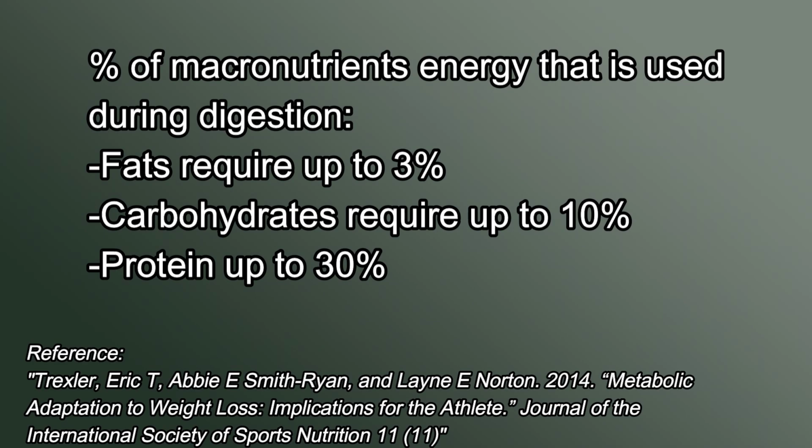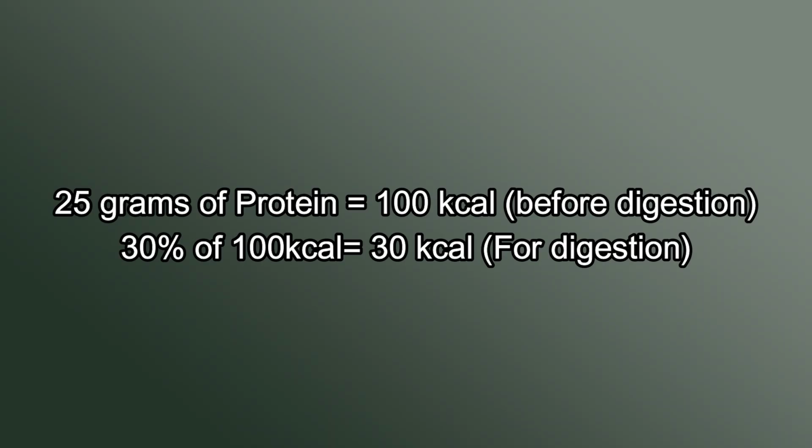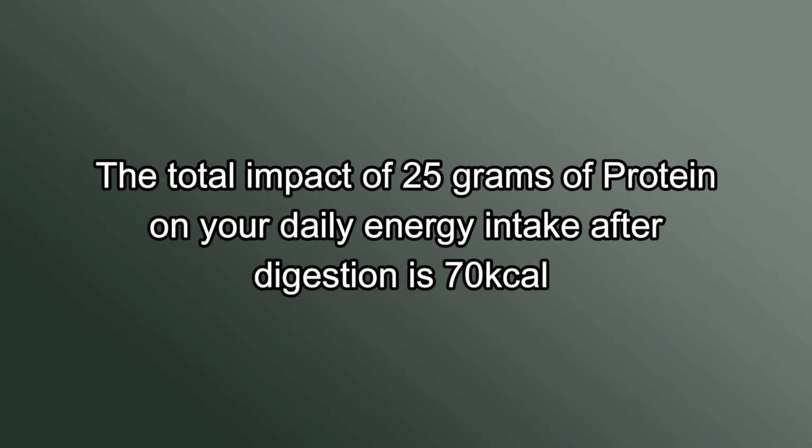Fats require up to 3% of the energy to be digested, carbohydrates require up to 10%, and protein up to about 30%. To put this into a practical example, if you were to consume 25 grams of protein, out of the 100 calories of energy that is consumed, 30 calories will be used by your body just to digest it.